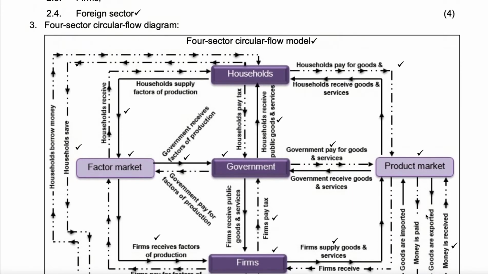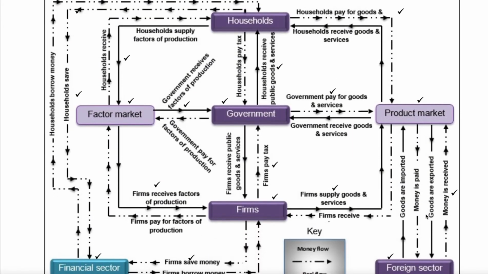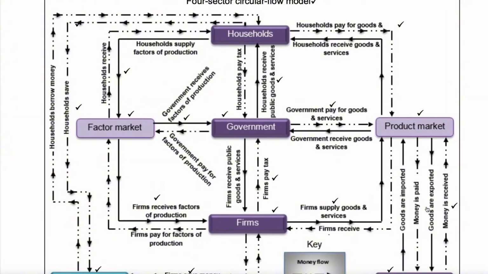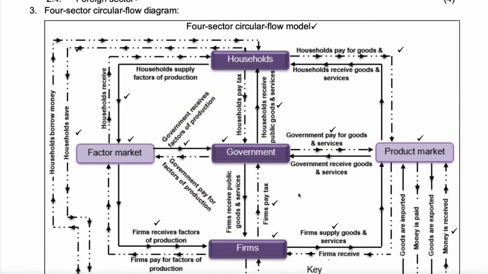Okay. Then we come here where they ask you to draw a circular flow diagram. So I'll bring in the answers. Here's a diagram that shows how participants interact. I'll just run through it quickly. I won't spend much time here because I have a video on this.